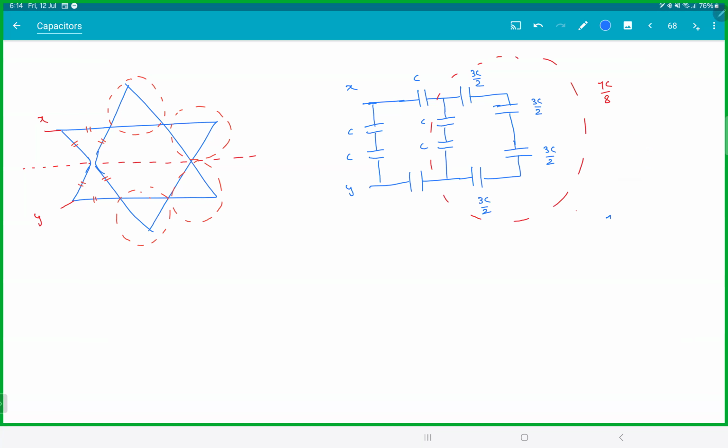That and C by 2. Seven by 22. Nine by 11. Yeah. 9C by 11 is coming.